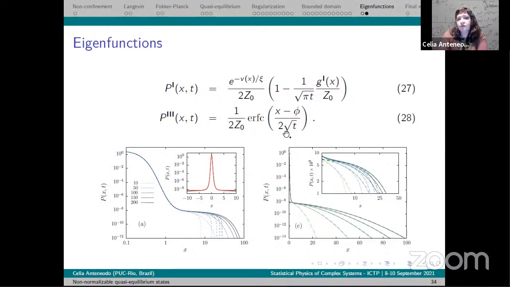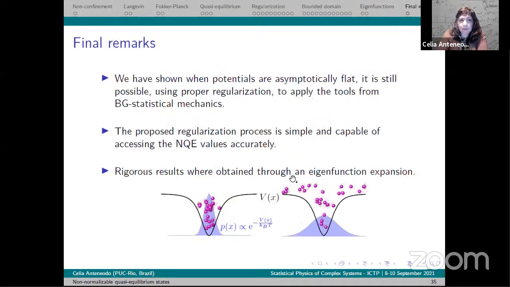Actually, there is a shift in the error function, but this matching of the two regions works very well. This one will describe the initial region, the other the tails, and the crossover is very thin. So these two solutions match almost perfectly.